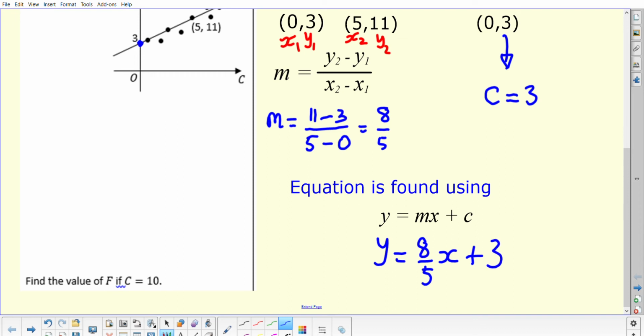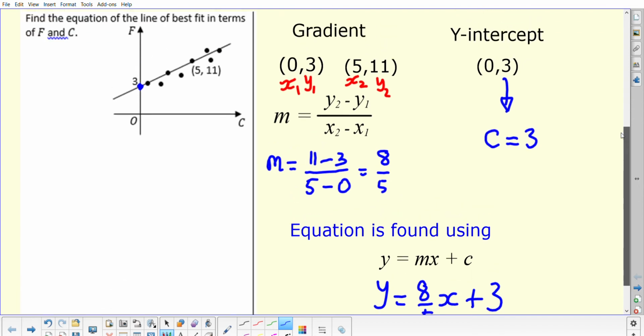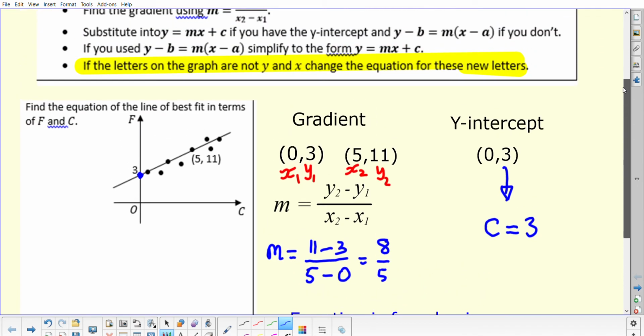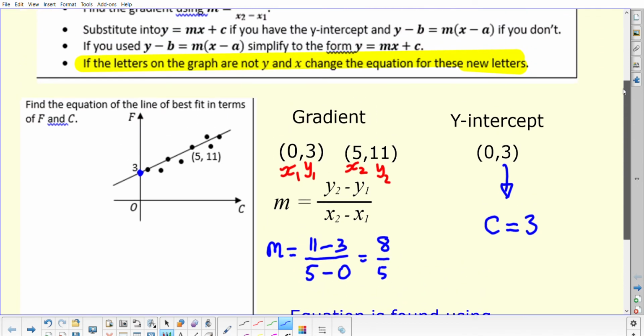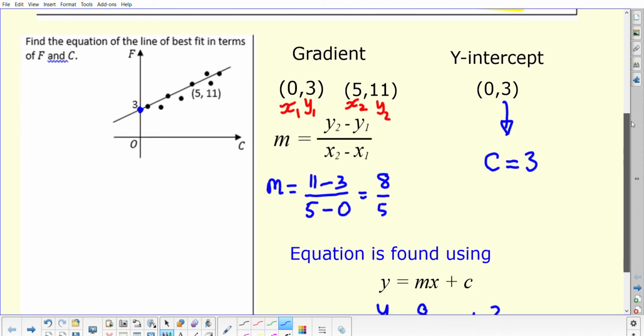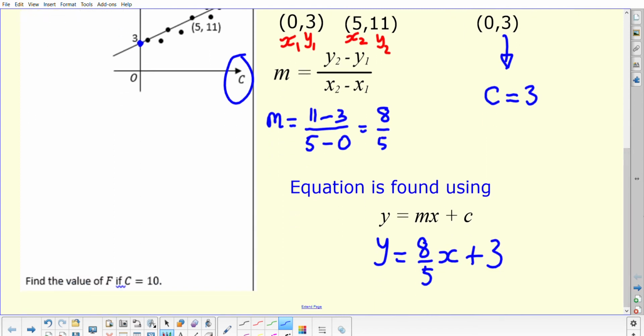However, remember that bit we highlighted about if the letters on the graph are not y and x, change the equation to these new letters. On our graph you will see here and here, instead of x's and y's, we've got c and f. So my equation now needs to look like this.